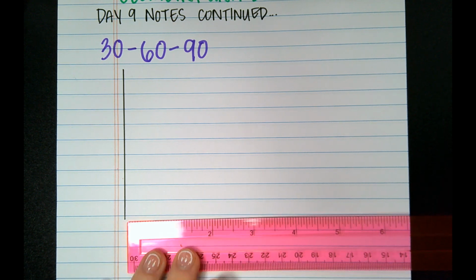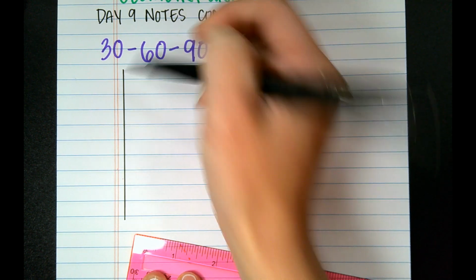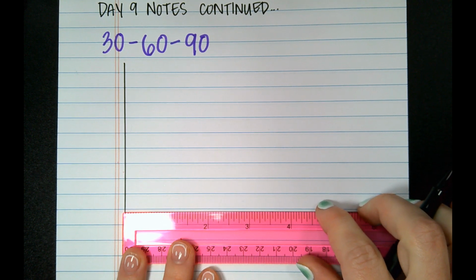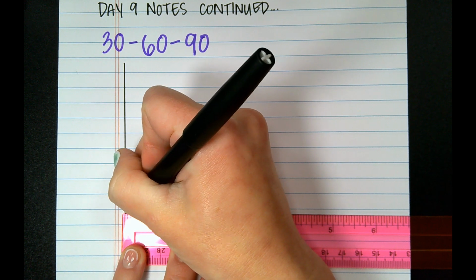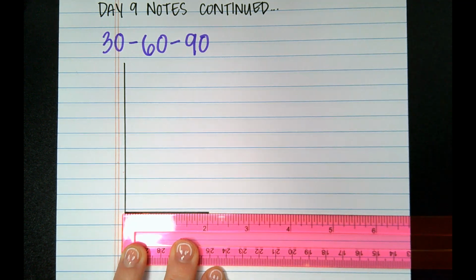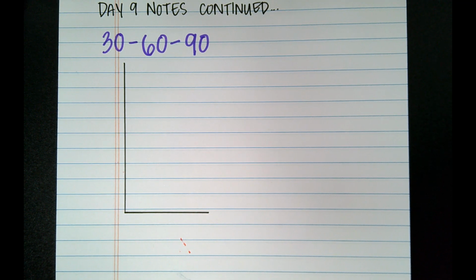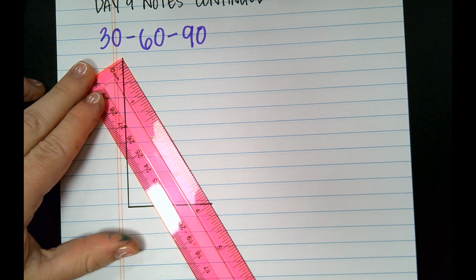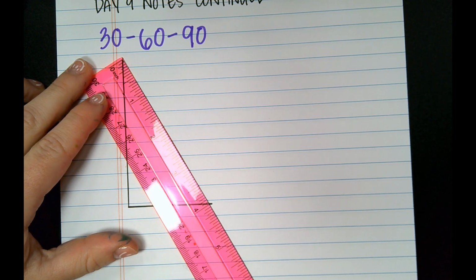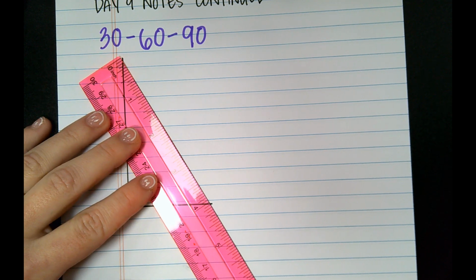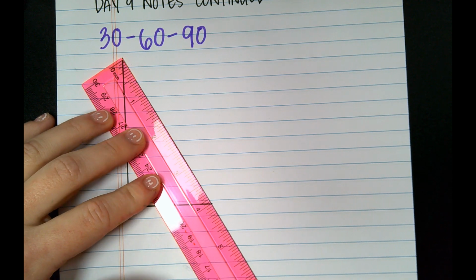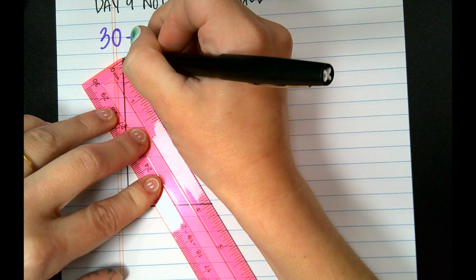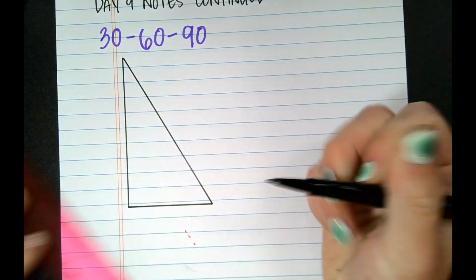Okay, this will be perfect. 3.5 inches. My next line, I'm going to make about 2 inches. So our hypotenuse, the big line, the longest one, should be 4 inches. So 3.5, 2, 4, if you're just wanting your notes to match mine.